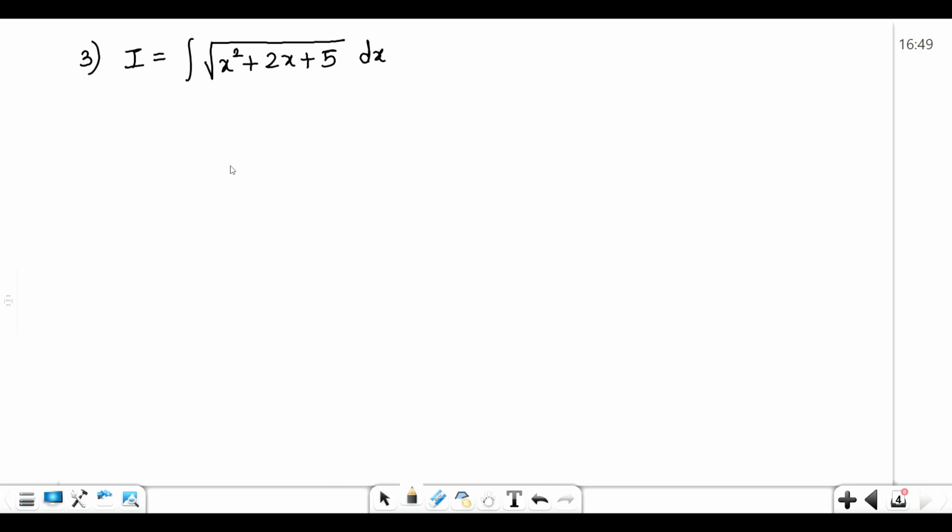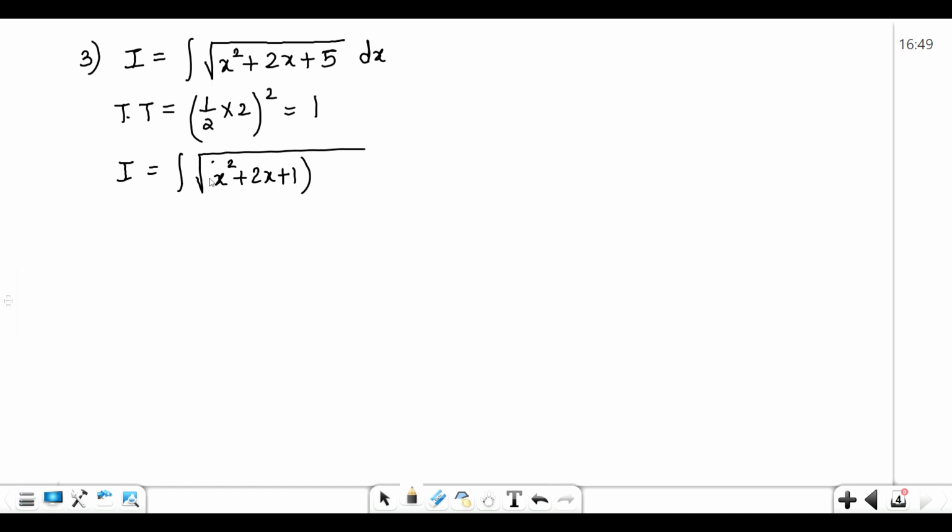Now in this case again we need to find the third term, because we have to make a square term. So 1 by 2 multiplied by 2, the whole square, gives you 1. So I will be equal to the integration of the square root of (x square plus 2x plus 1), close the bracket, then minus 1, then plus 5 dx.